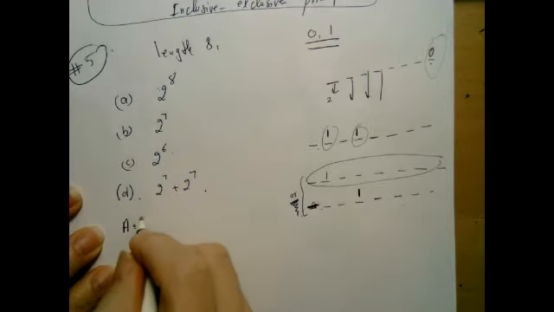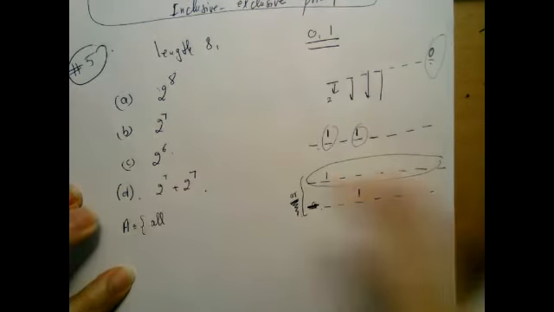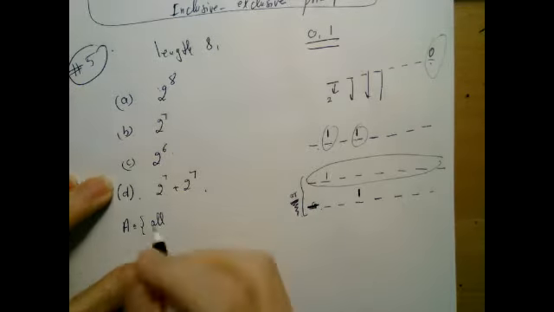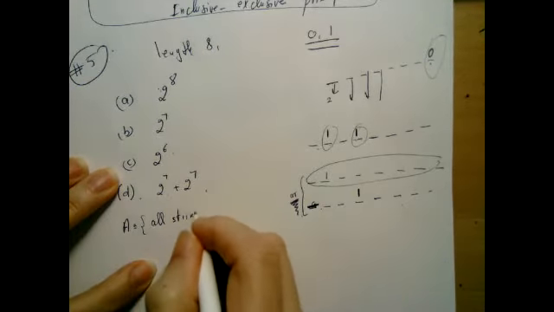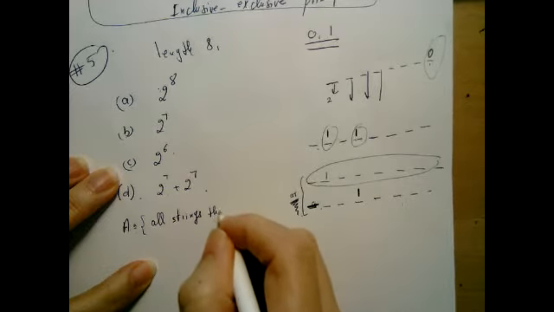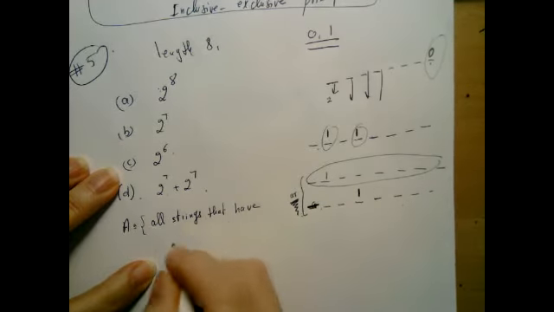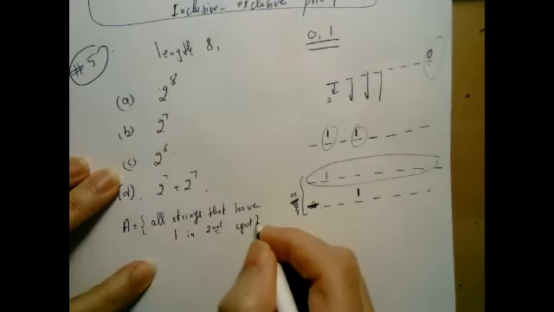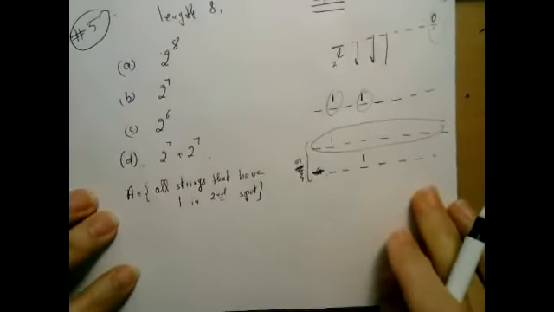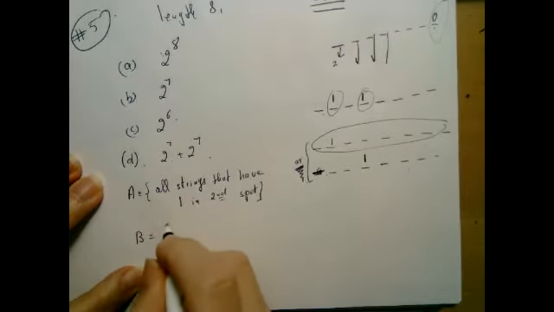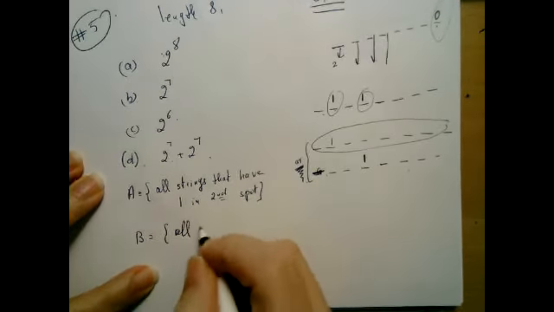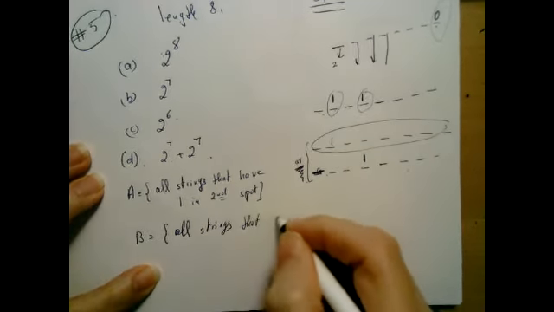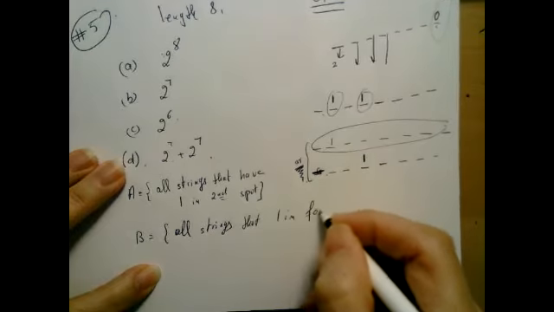Let A be the collection of all strings that have a one in the second spot. That's what he's saying, the first case. And B is all the strings that have a one in the fourth spot.